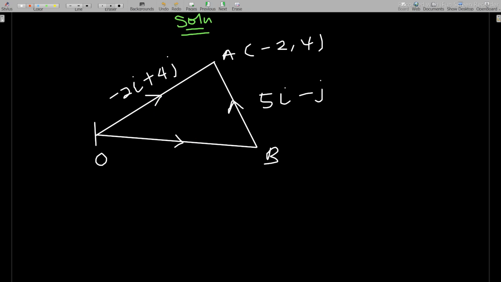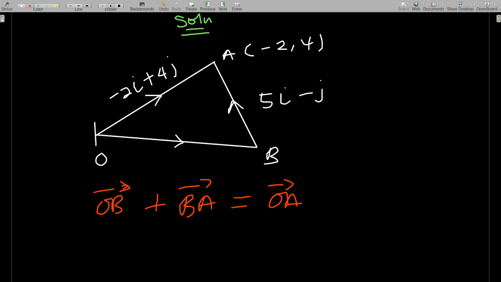So it means the summation of the ones moving in the same direction is the same as the one moving in the other direction. So you say that OB plus BA should be equal to OA, which is the one that is moving in the opposite direction. So sometimes you can just look at the directions and use it.